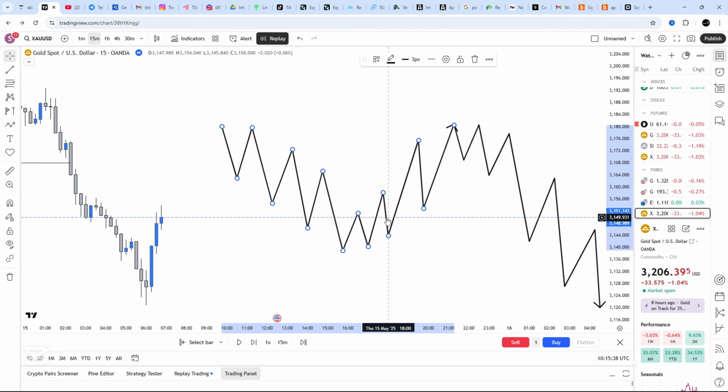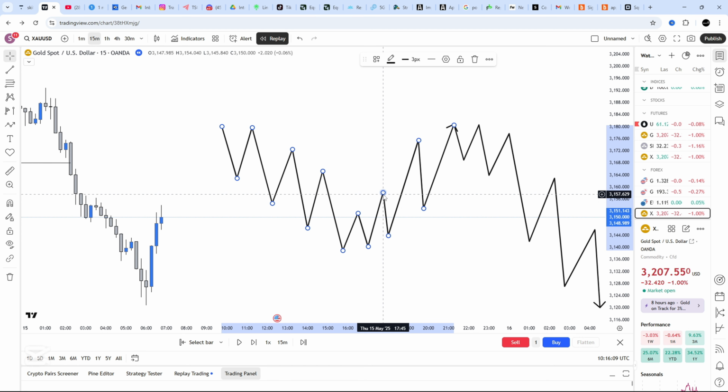Reversal trading is different from continuations. For continuations, we only take entries whenever the market is retesting, and we continue with the direction of the market. But for reversals, we only take entries when we know that the market is turning to another direction. That's how we take the reversal entries.